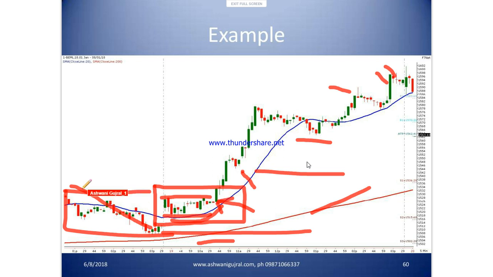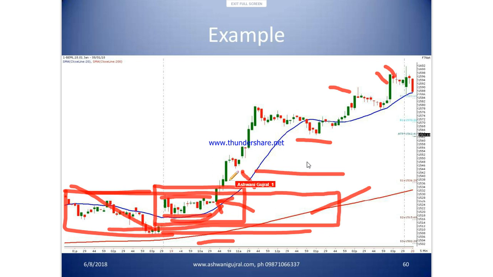So when you have this kind of a block underneath, this is strong support. And if you buy near this and the market starts to move higher, then chances are it will go. But only make sure you don't have any data here, which means price should be narrow range before this day. The more narrow range, the better.